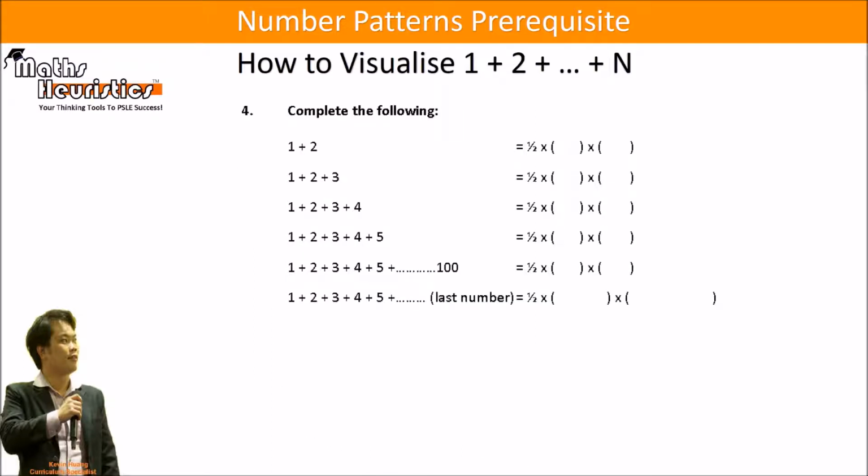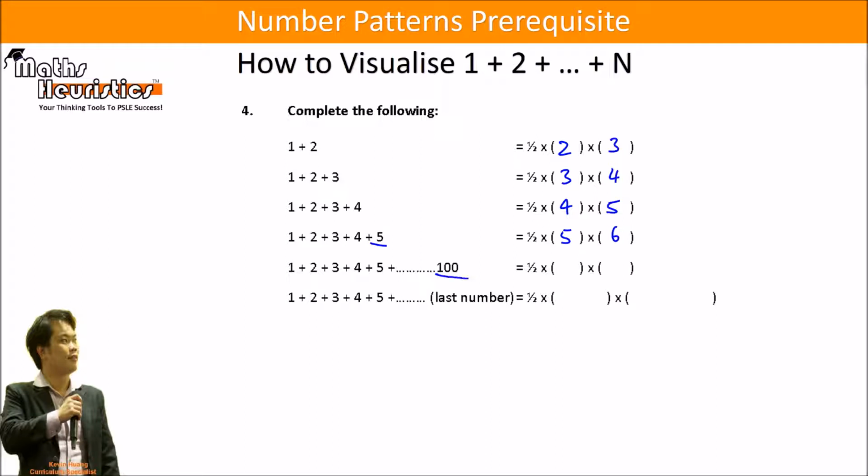So if we are to complete this table, 1 plus 2 will be equal to half times 2 times 3. 1 plus 2 plus 3, as we found earlier, is half times 3 times 4. 1 plus 2 plus 3 plus 4 will be equal to half times 4 times 5. So what if I change this last number to 5? It's still going to be half times 5 times 6.